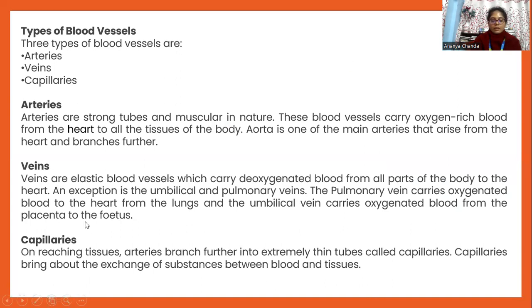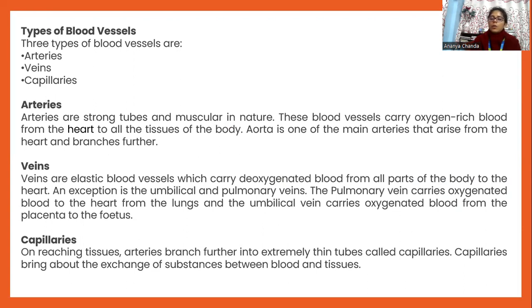Then come the veins. Veins are elastic blood vessels which carry deoxygenated blood from all parts of the body to the heart. An exception is the umbilical and the pulmonary veins. So from the heart, what happens?